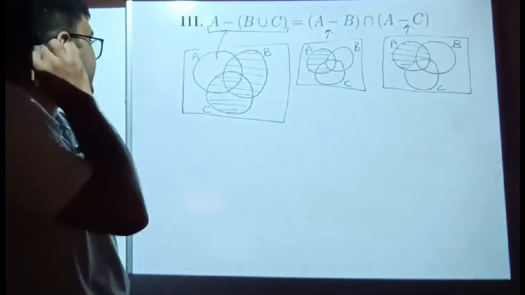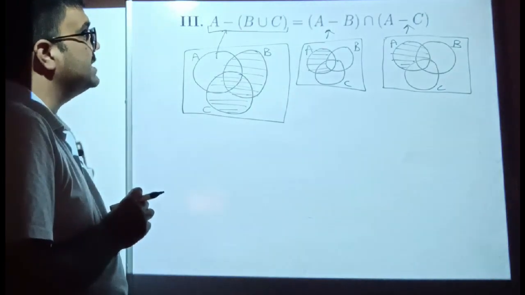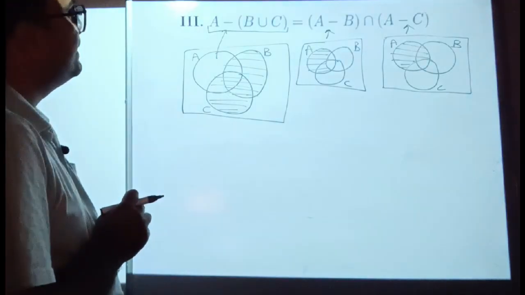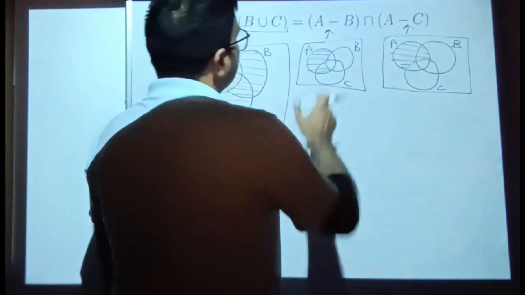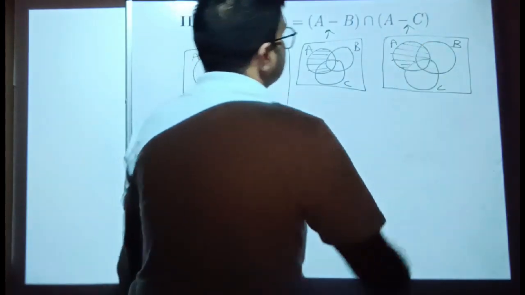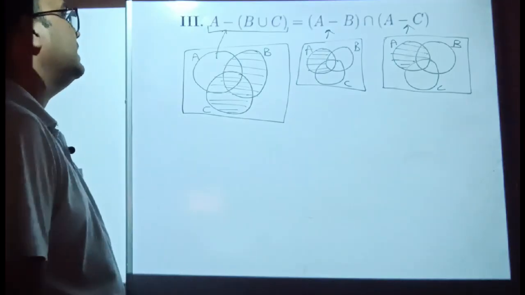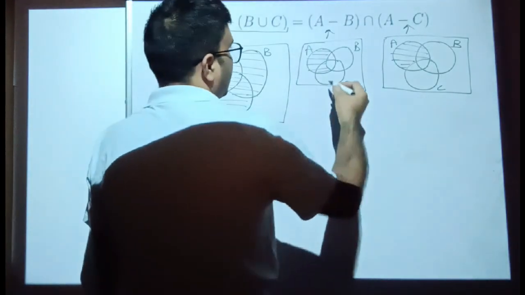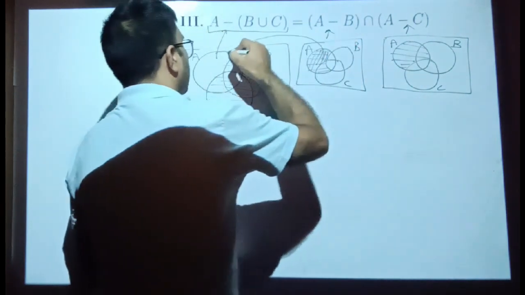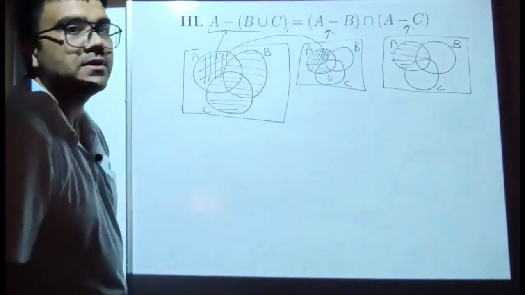And what is the intersection of these two? When we are saying A minus B, this region is there. A minus C, this region is there. If we take the intersection of these two, this is the common region we will obtain, and this is equal to this region that we have.